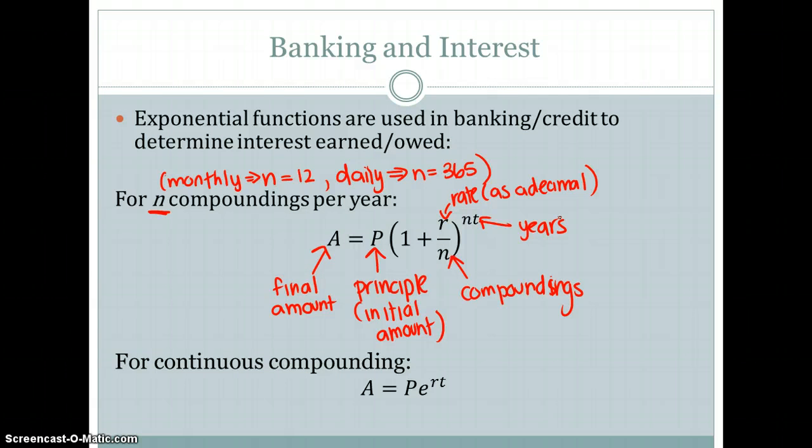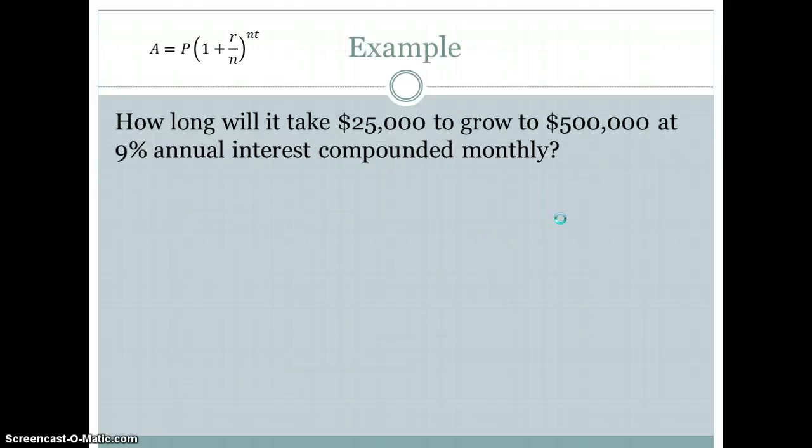So if we look at the question that we were on, we're going to use A equals P, parentheses 1 plus r over n, n t to the power. We want to go from 25,000 to 50,000. We want to double our money, and we're at 9%, compounded monthly.